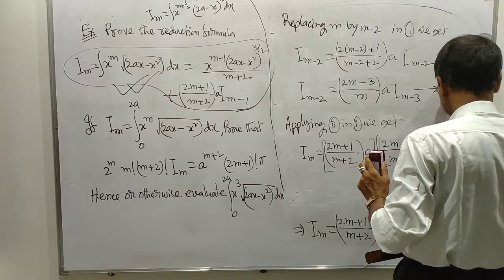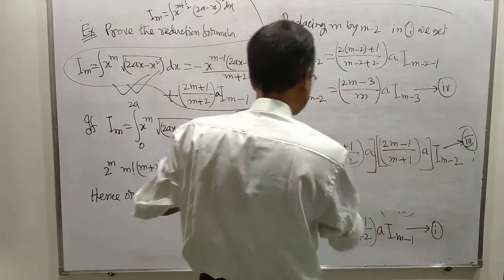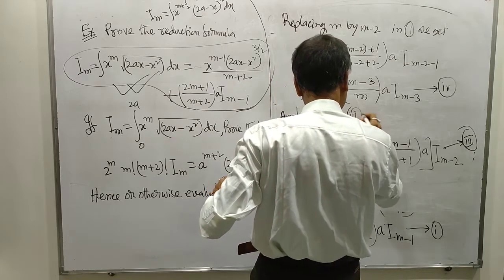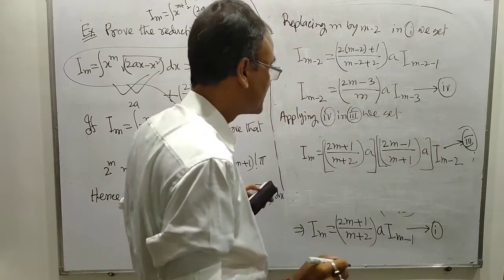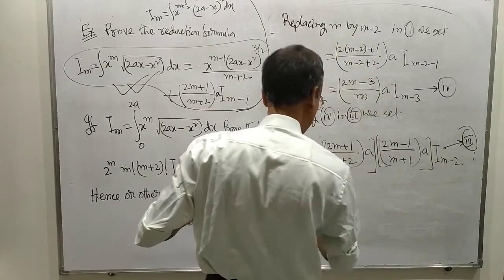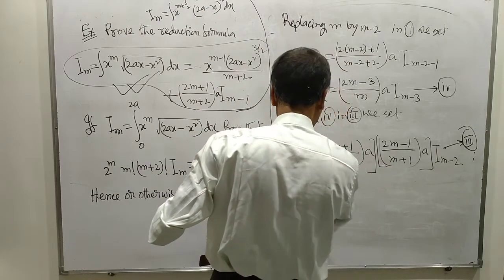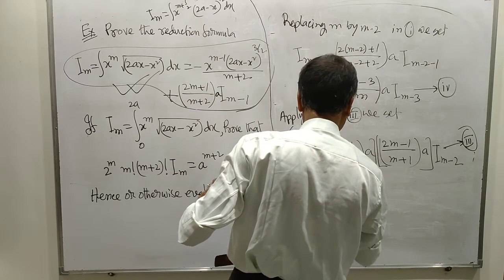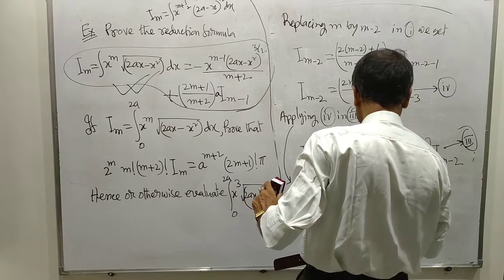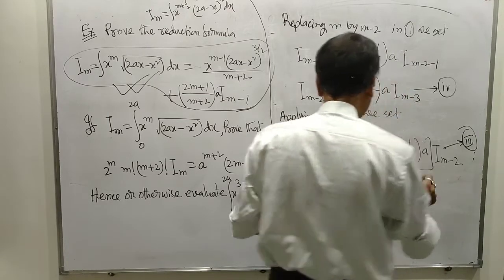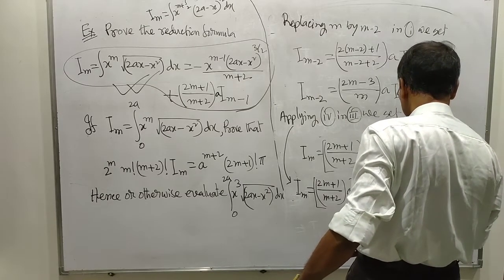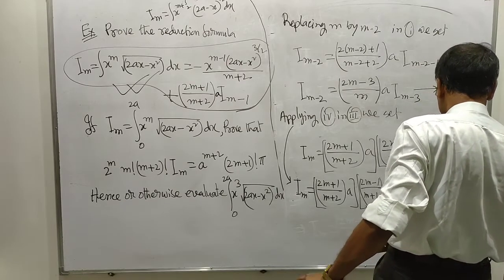Suppose this is number 4. Now apply 4 in 3, we get I_m equal to twice (m plus 1) divided by (m plus 2) a, twice (m minus 1) divided by (m plus 1) a, for I_{m-2} twice (m minus 3) divided by m a I_{m-3}.